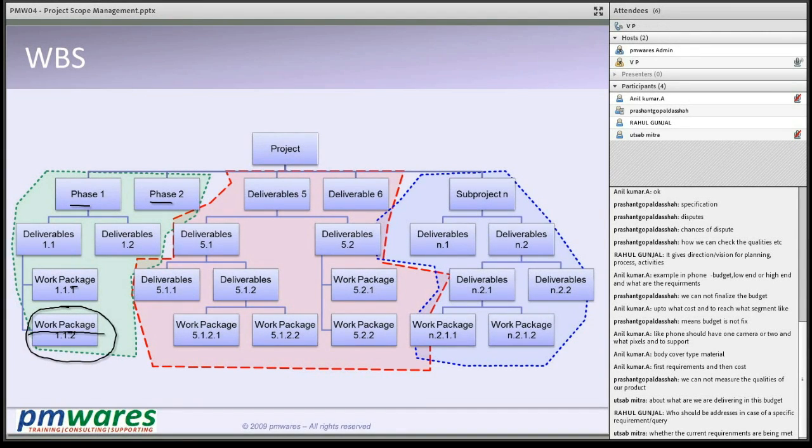Second way, you do not have phase. You directly put some deliverables and you subdivide them further to reach the work package. What is the purpose? Better management, easy to manage. Where we should stop? There is no ground rule. You stop where it becomes easy to manage.